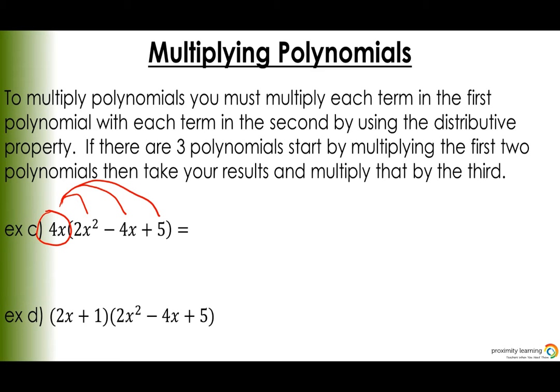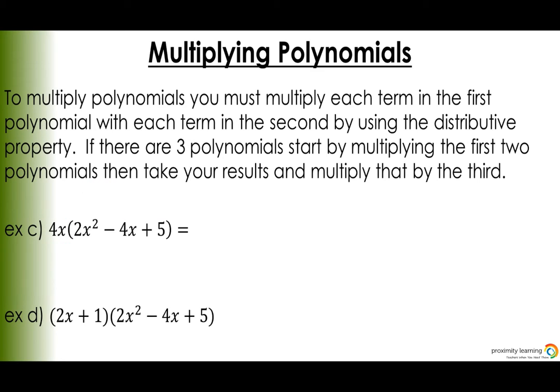It could be like C, where you have one term multiplying a three-term, or it can be like D, where you have a two-term multiplying a three-term. You may also have a three-term multiplying a three-term. Okay, so let's take a look at C real quick.